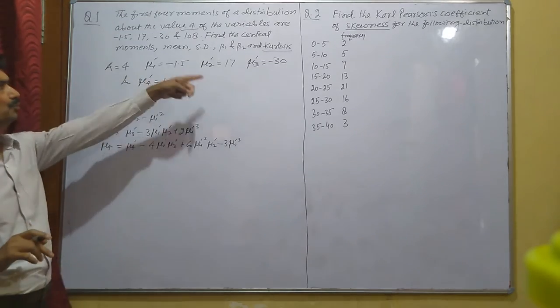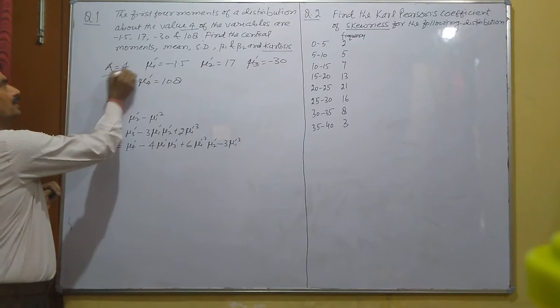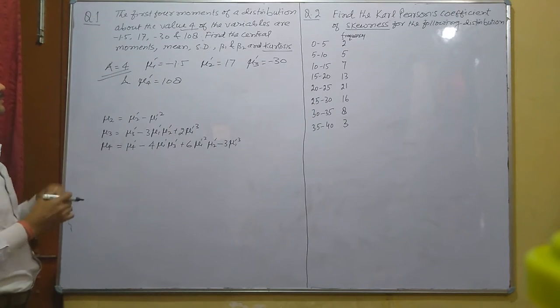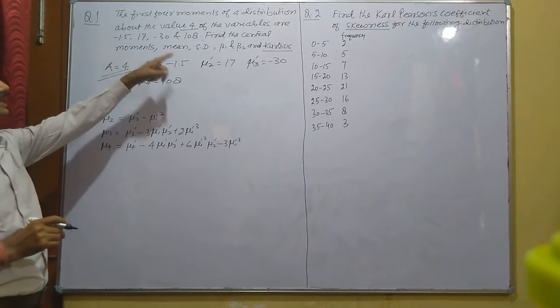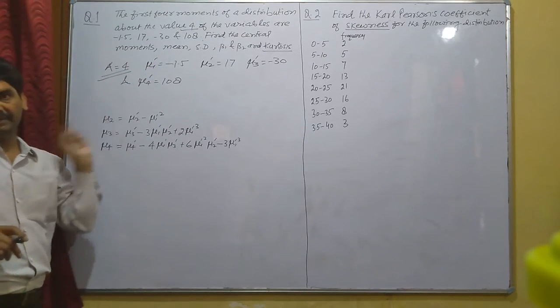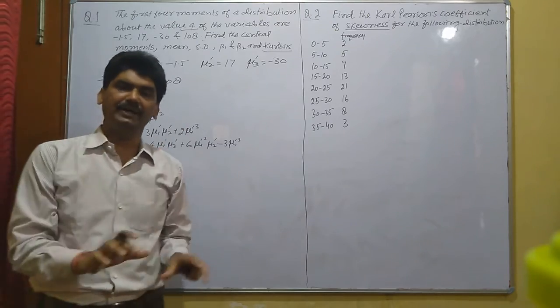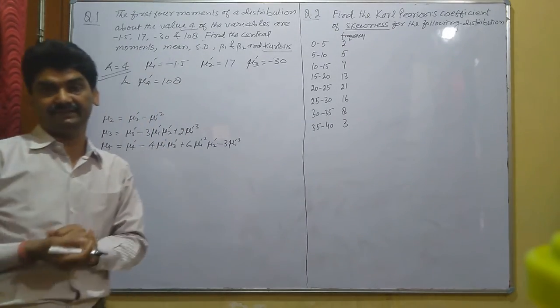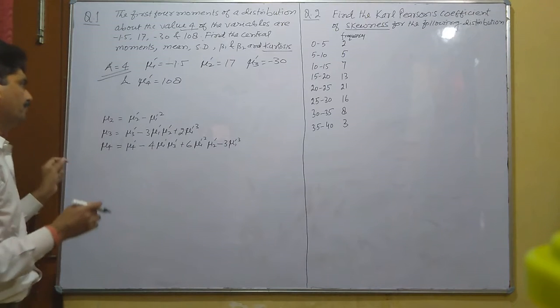These first four moments about the value 4 are given and we have to determine the central moments, that is, moments about the mean. By the relation between central moments and moments about any point, we have mu1.